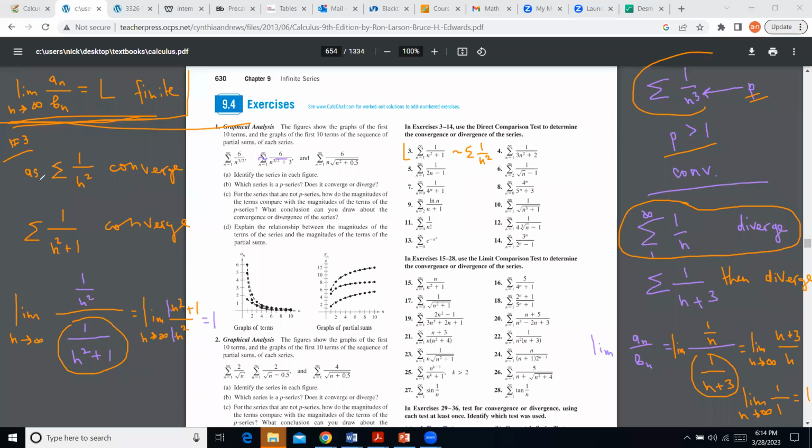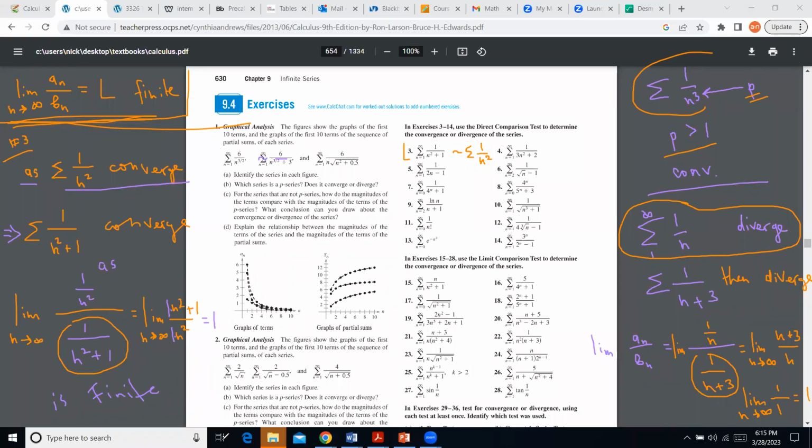Then I say, as the harmonic series above, it's not harmonic, but the p series is convergent, then the series we have is also convergent. Again, as this limit is finite. So just to justify it like that will be great. So such a limit is finite, then that's it.